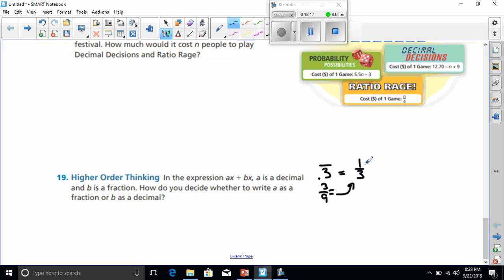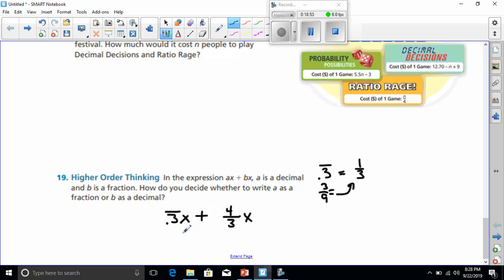So yeah, if it's a repeating number, I think I would want to change that into a fraction. Another reason I'd want to change it into a fraction possibly is if I see that the denominator of the second fraction, which is b, is going to be the same. Because if they're the same, that means all I have to do is add the top since I'm doing addition, right? Let's just say b was 4/3, right? And I had 0.3 repeating x plus 4/3 x, okay?